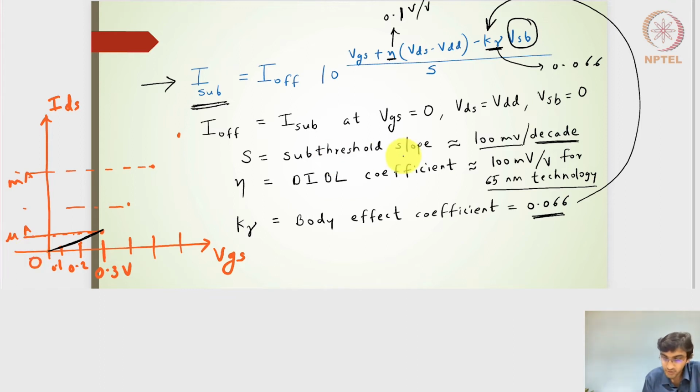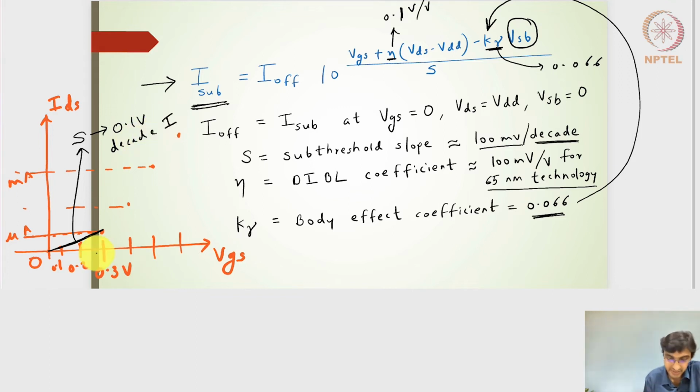This is the subthreshold slope S, and it has been characterized in a way that if I change my VGS value by 0.1 volts, which means 100 millivolts, I will get a decade change in the current.